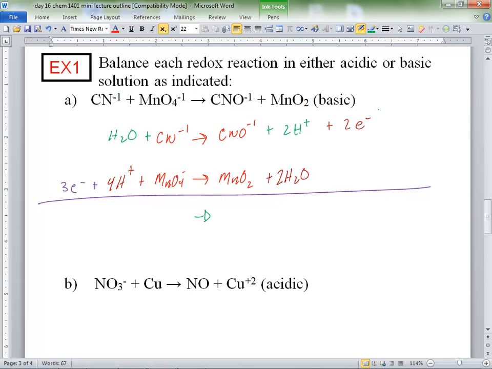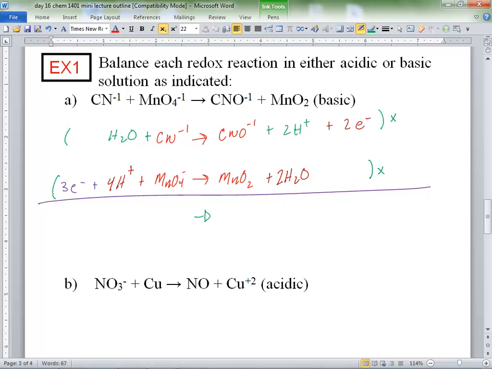So you got to get those electrons to cancel before you even add them up. So you have to multiply each of these equations by something to get these electrons to cancel. Then you add them up. So we're at the step where we're adding the half reactions so that those electrons will cancel. What do you have to multiply these by? 3 and a 2. Very good, Oscar.